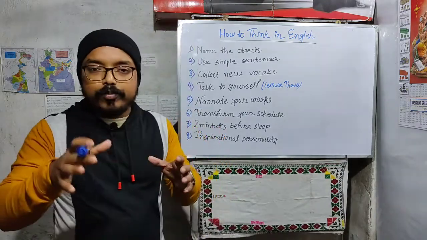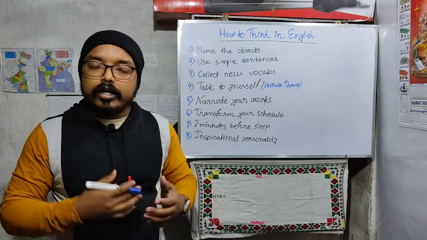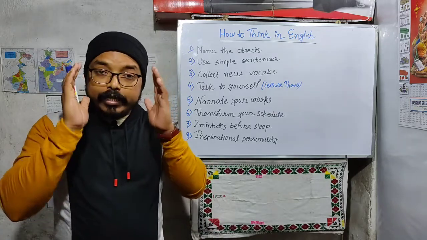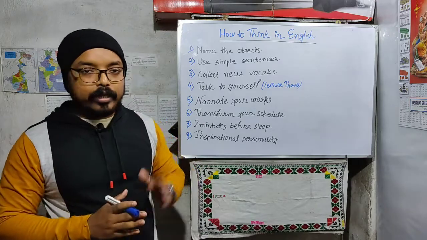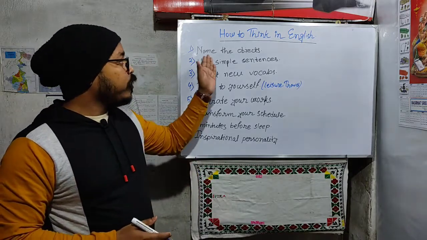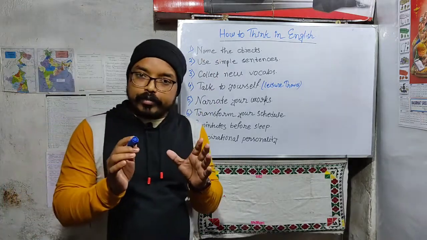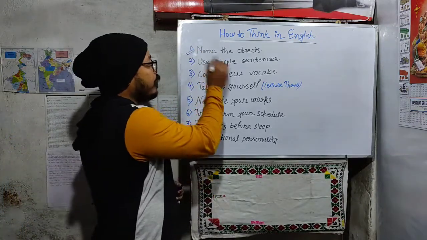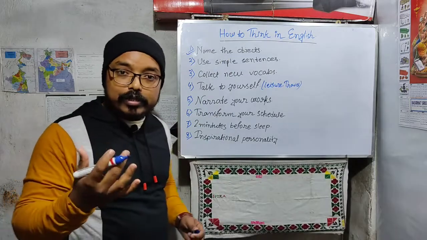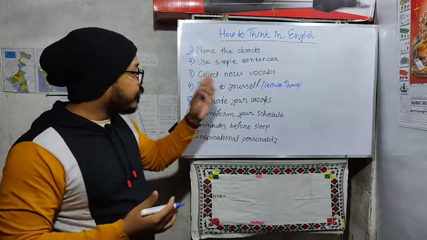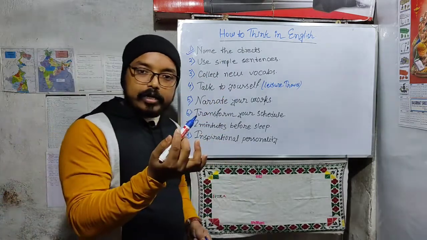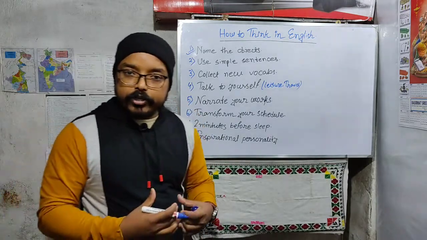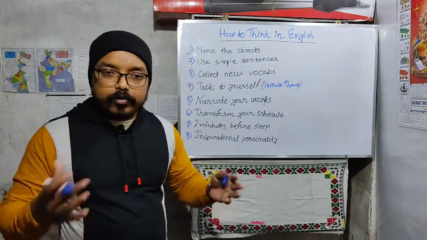It doesn't mean that if you are learning Spanish, French or any other foreign language, it is not the most important thing that you should follow. Try to know the names of the objects. If you have the idea about all of the names of the objects, like utensils, it's a pot, it's a whiteboard, it's a marker, and I have a cap on my head, and I'm wearing a t-shirt or sweater, whatever you can say.